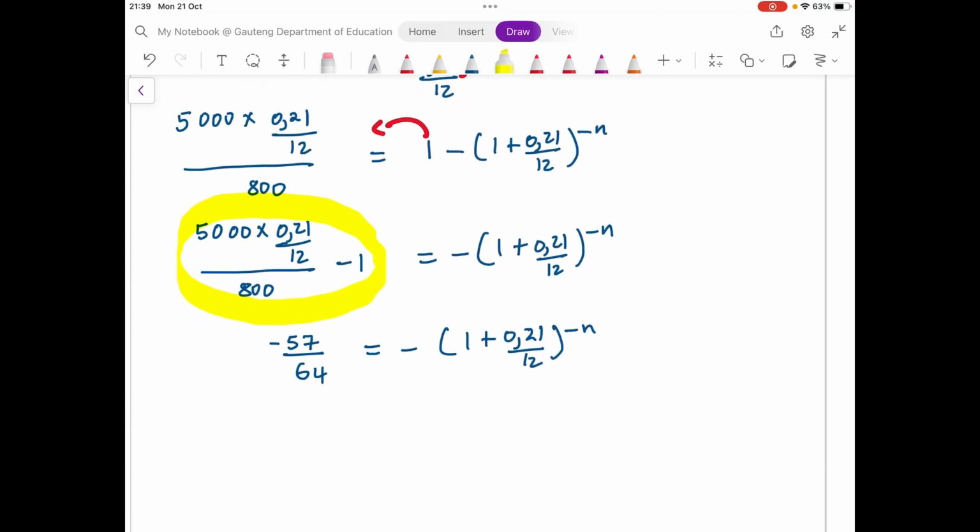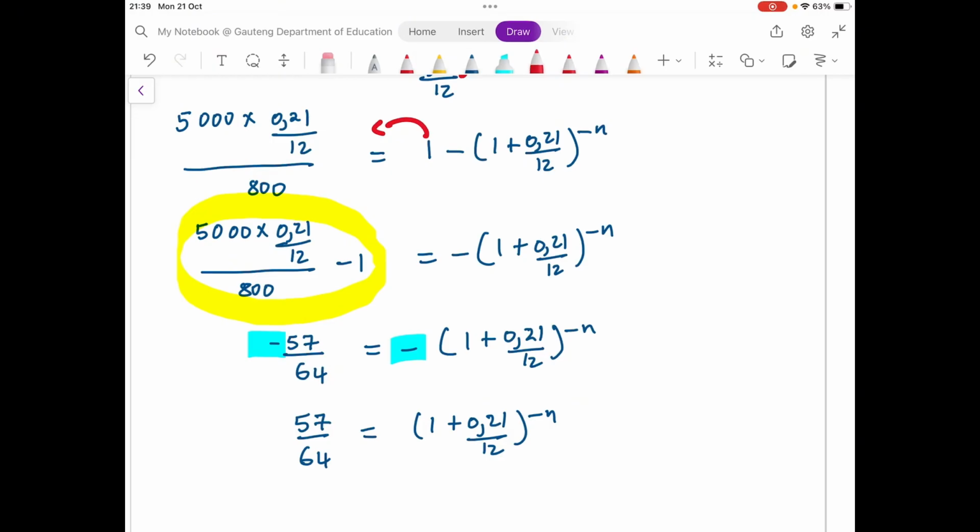I can see that on both sides I have negative, so I can just divide by -1 throughout. Then I will remain with 57 over 64 is equal to positive 1 plus 0.21 over 12 to the exponent negative n.